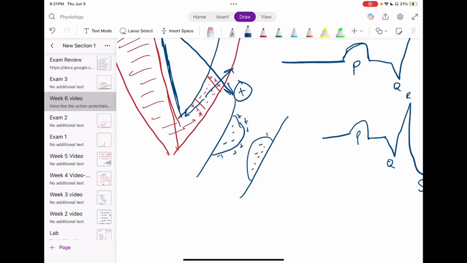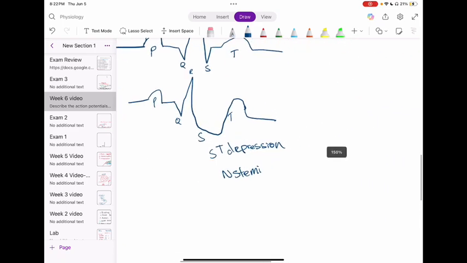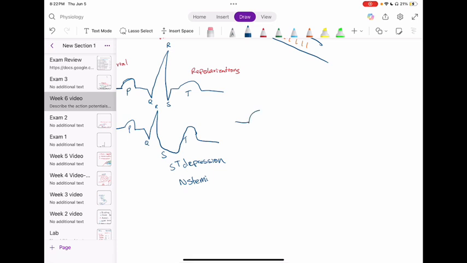But as it continues, like I previously drew here, we actually have a big effect. Let me redraw that.